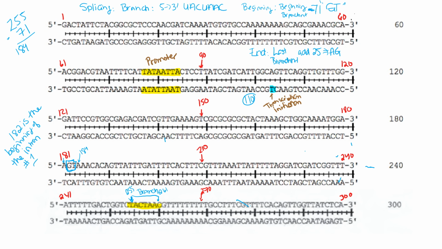I told you that 261 was the last nucleotide of the branch. Adding 25 nucleotides, 261 plus 25 is 286. I need to go find position 286, because 287 and 288 should be an A and a G.